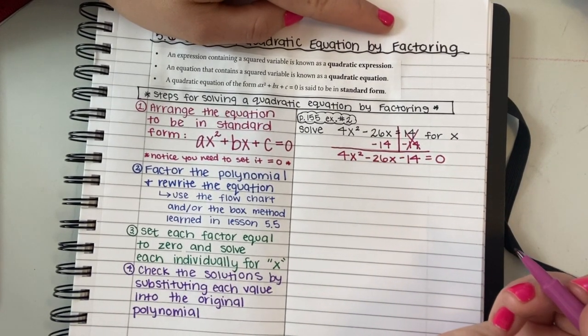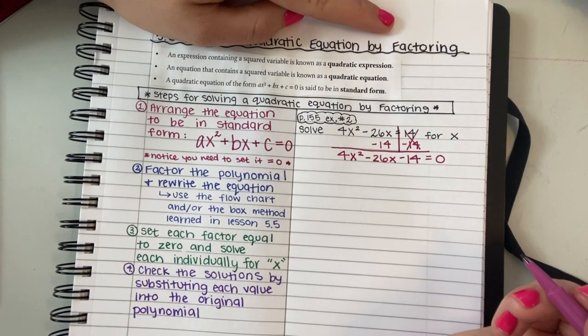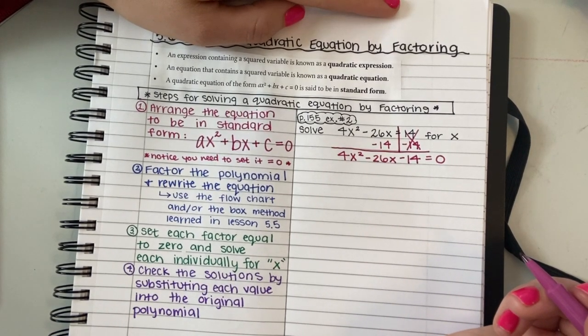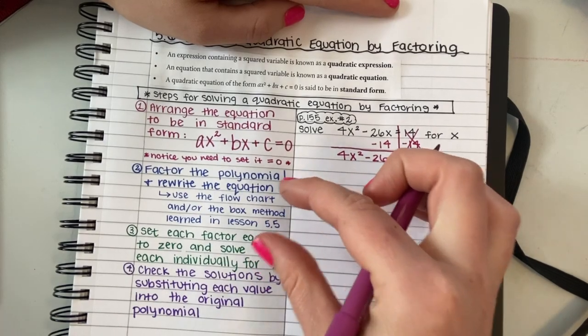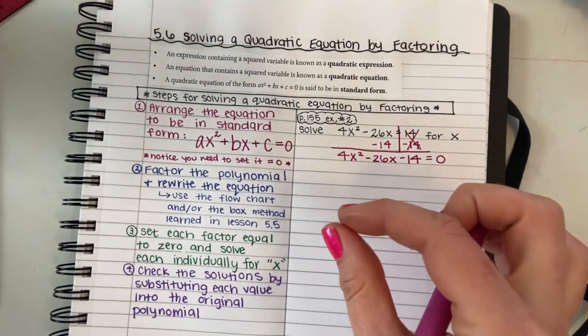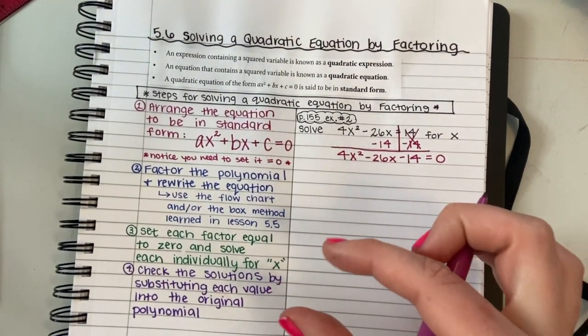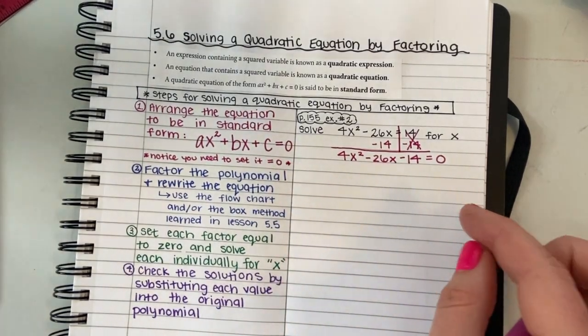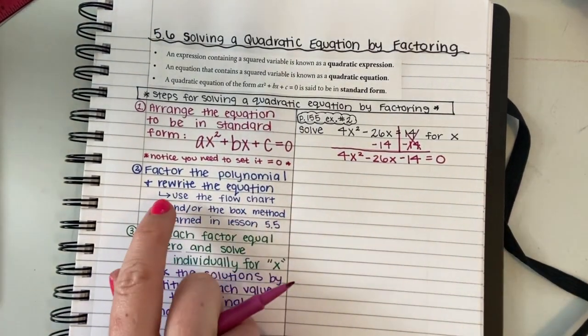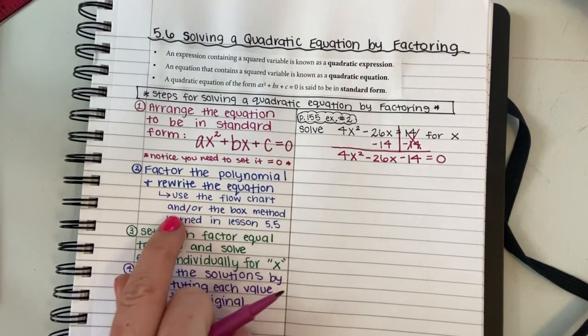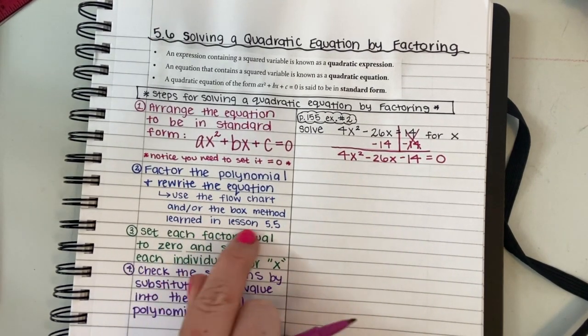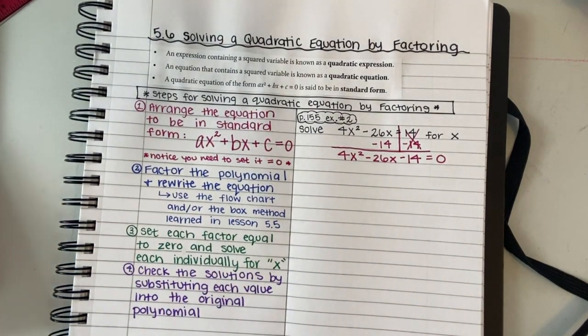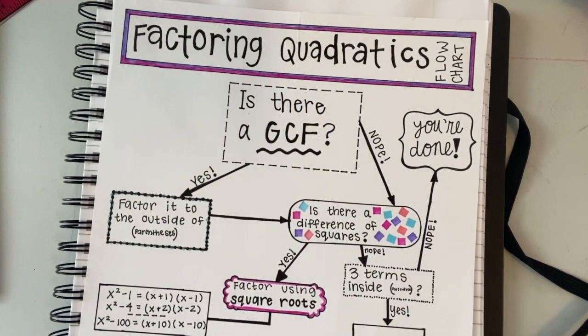Step number 2 says factor the polynomial and rewrite the equation. This is a really loaded step because we have to use what we learned in lessons 5.4 and 5.5 in order to factor the polynomial. I wrote this little note down here: use the flowchart and/or the box method learned in lesson 5.5. So this is what our flowchart looked like.